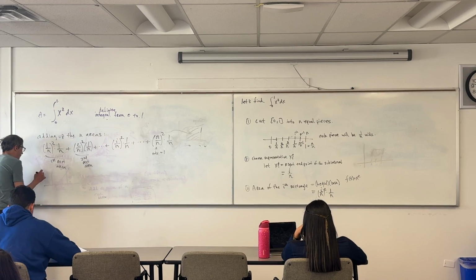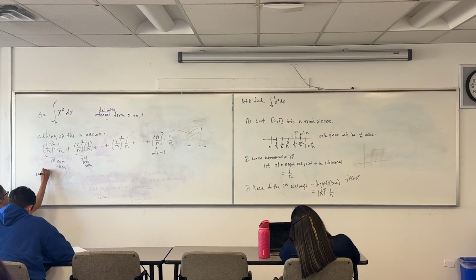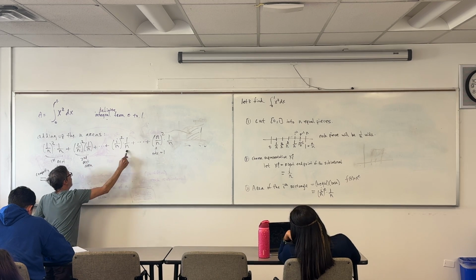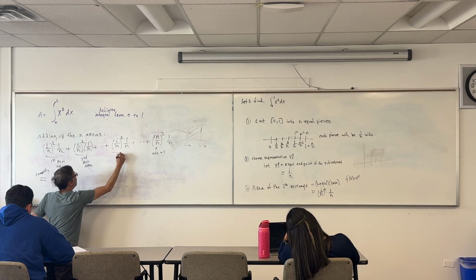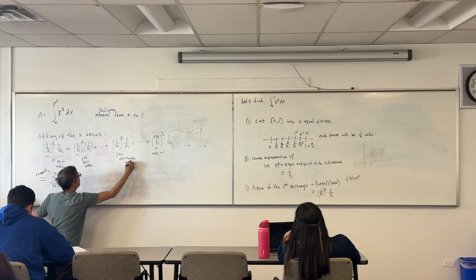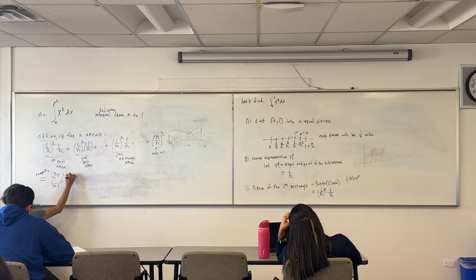Let's make this compact. So compactly, this is just the sum, i equals 1 to n, of these things. The reason I wrote this ith rectangle term out is so I can just plunk it right in here. And it's going to be i over n squared times 1 over n.